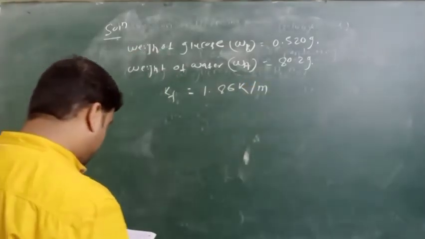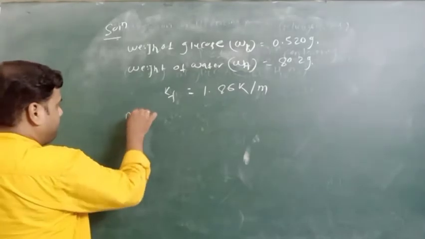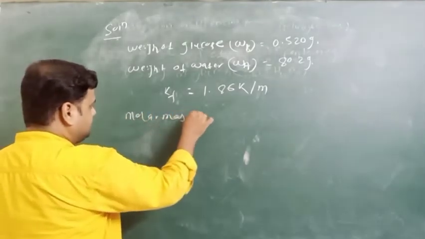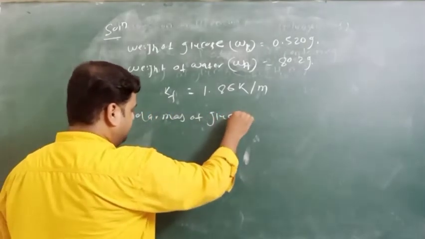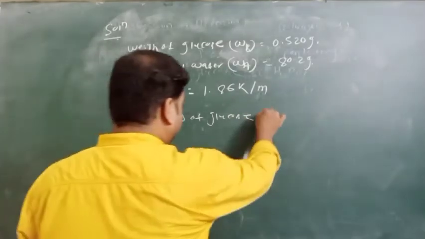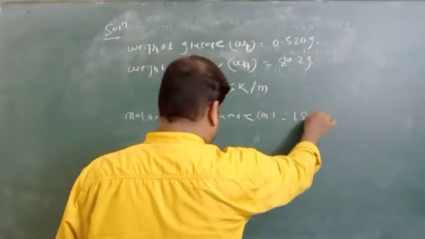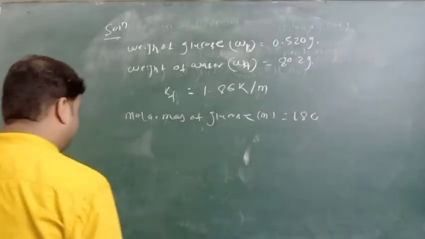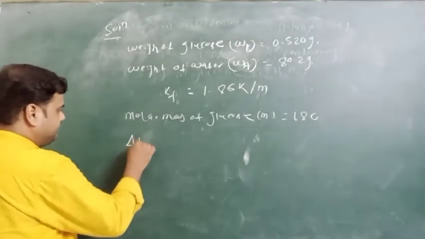Then the molar mass of glucose is given, that is M equal to 180. So we will calculate del TF.